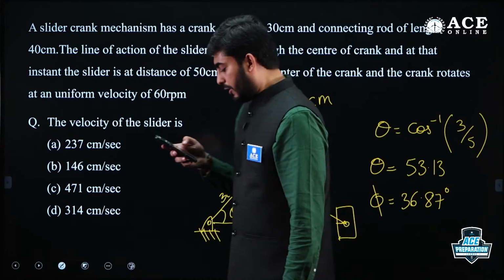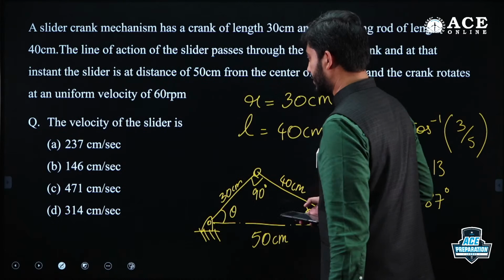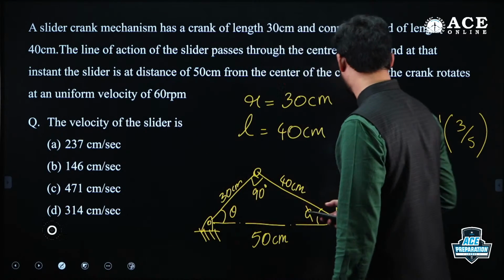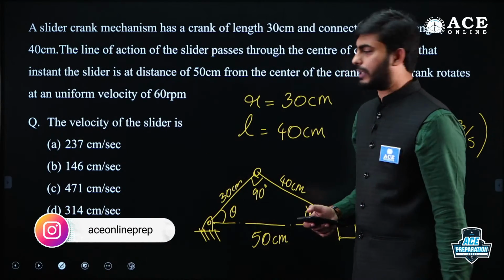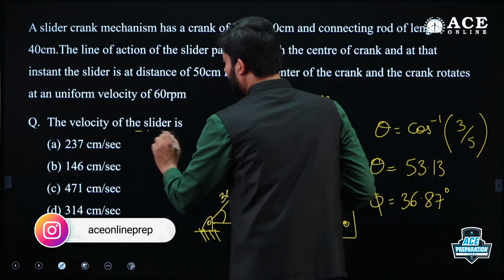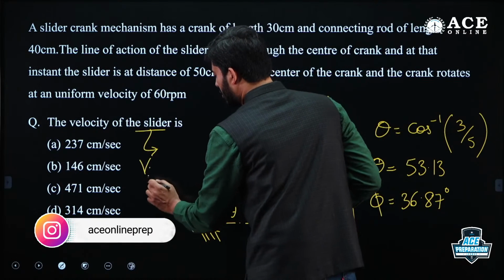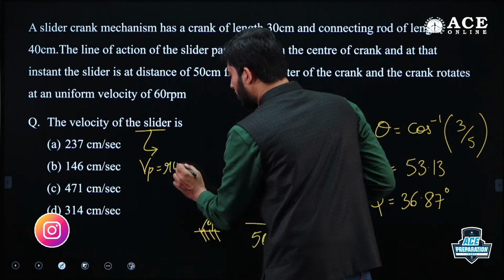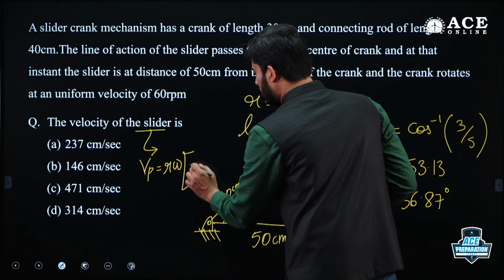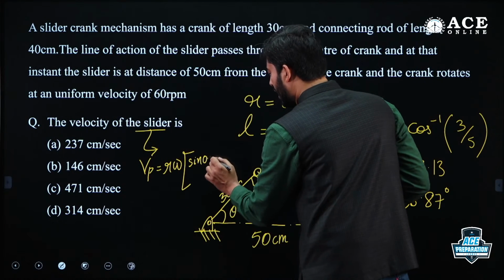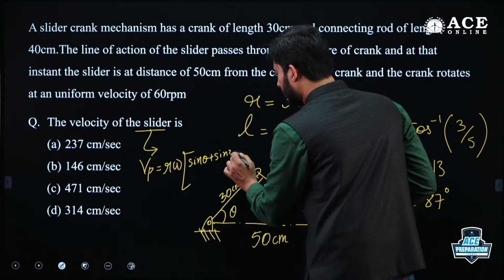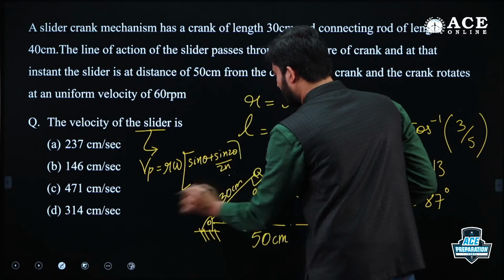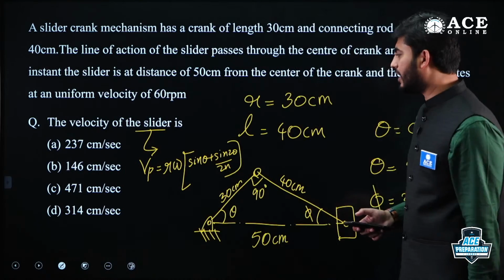Now, you are required to determine the velocity of the slider. Velocity of the slider can be determined very easily if you are using the formula method, that is velocity of piston is equal to r omega times of sine theta plus sine 2 theta by 2n. If you are using this formula, that can be done very easily.